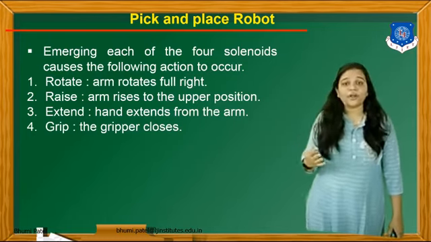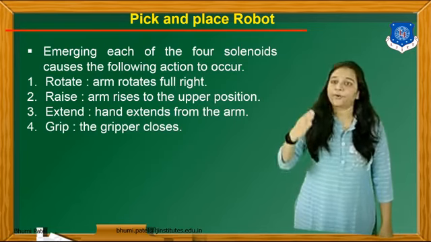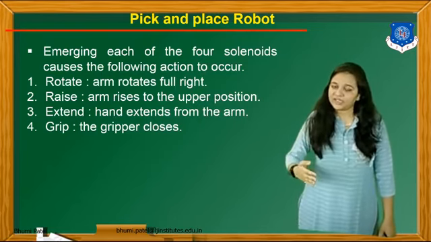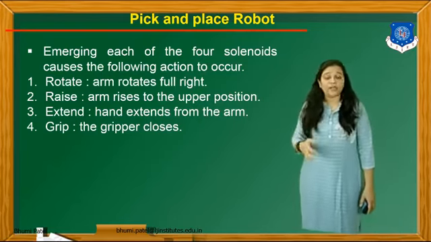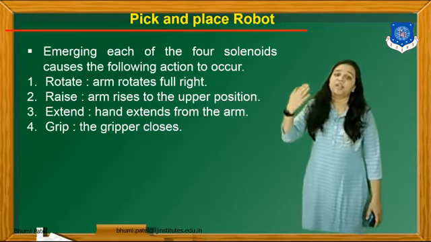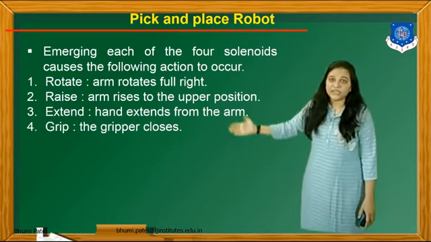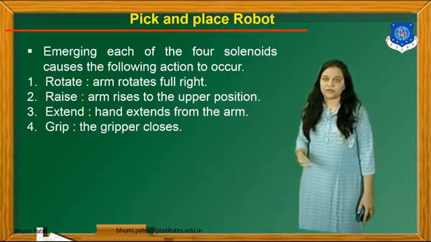So there are four tasks for the pick and place robot: rotate, raise, extend and gripper. If the application changes, the action will change, and the steps will change. So according to your application, you will change these steps and actions.